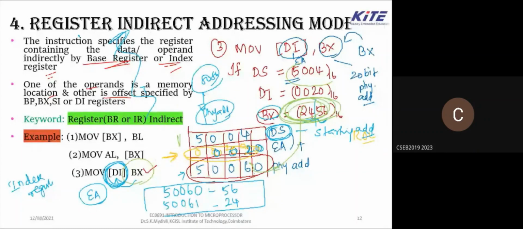The BX register contains 2456. That content is moved to this location. We want to find which physical address it should move to. That is the point here in terms of register indirect addressing. Are you clear now? Yes, ma'am. Shall I move now?